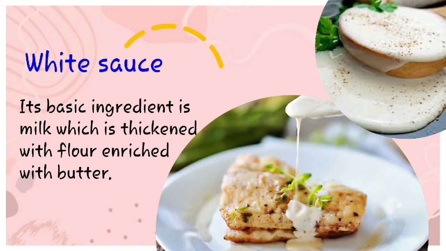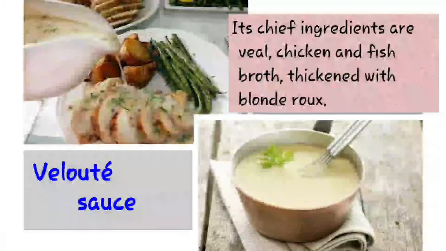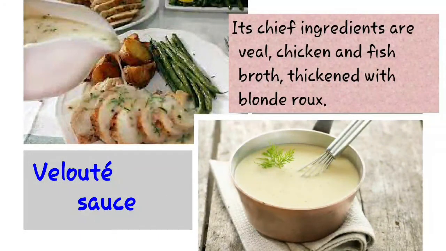Its basic ingredient is milk, which is thickened with flour, enriched with butter. Next, we have the velouté sauce. Its chief ingredients are veal, chicken, and fish, thickened with blonde roux.